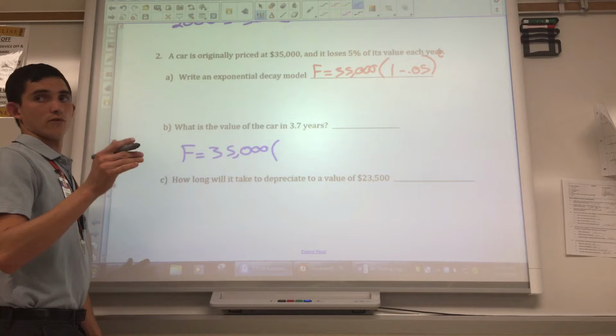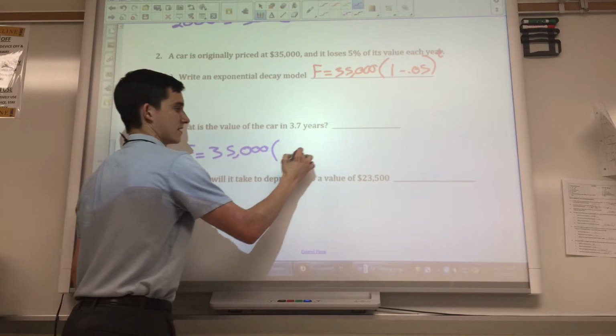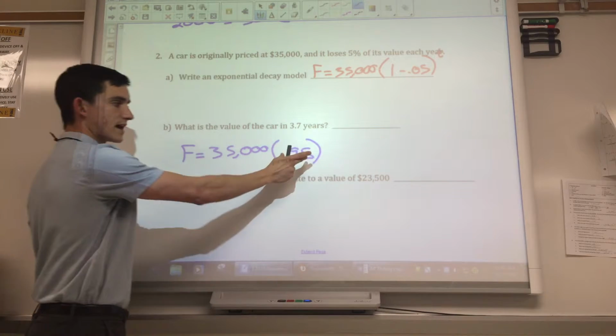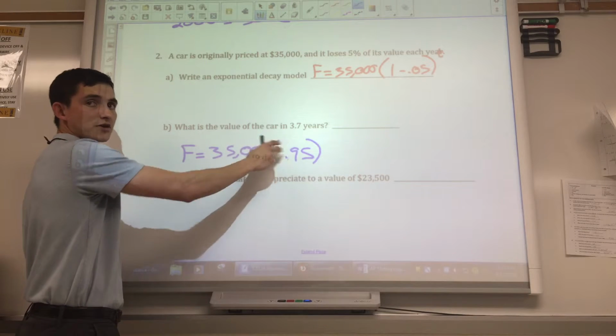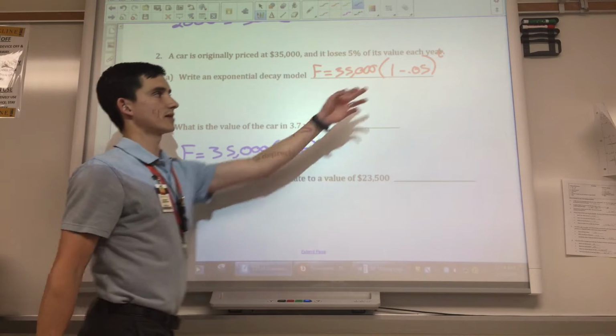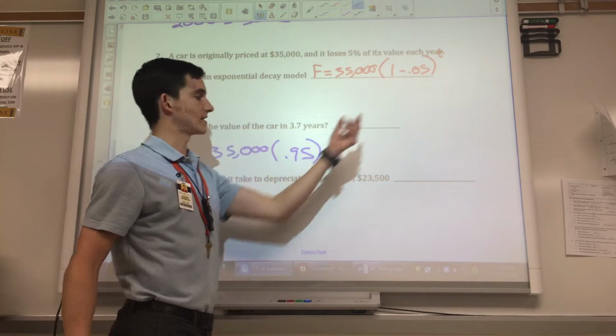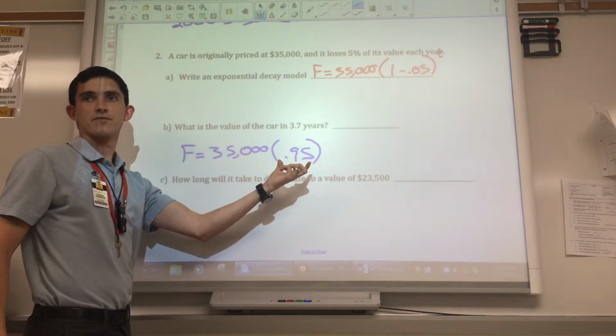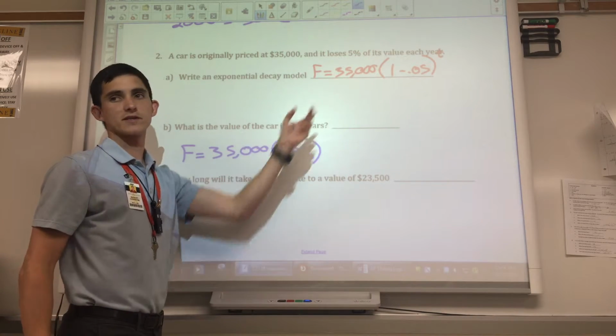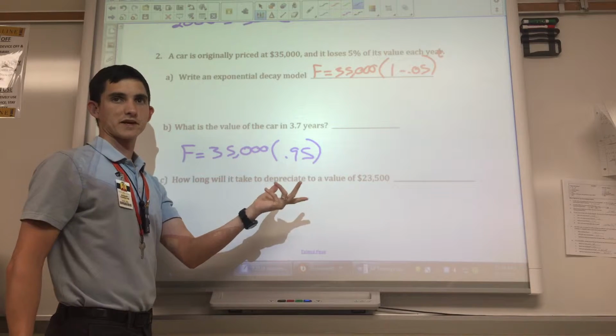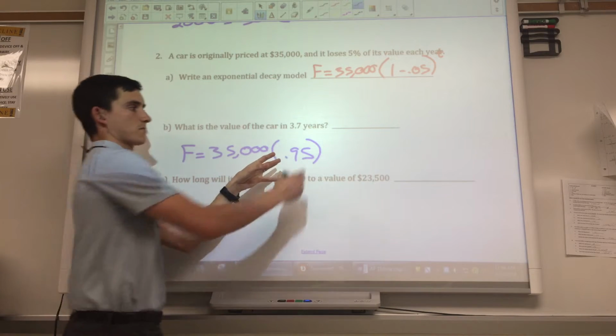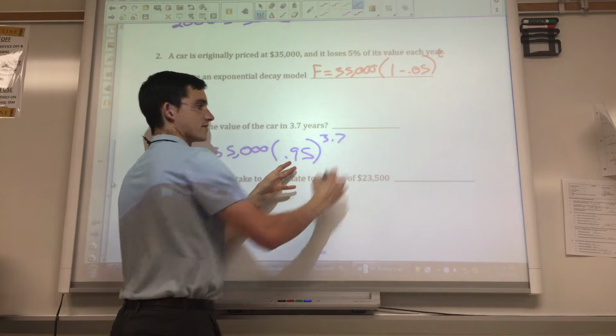It's, hold on, I'm going to make a jump real quick, right? It's only worth 95% of its original value every year. Do y'all see why I just did 1 minus 0.05? That is just 95%. You can look at that two different ways. It's the same thing though, okay? Any questions on that? And then to the 3.7?